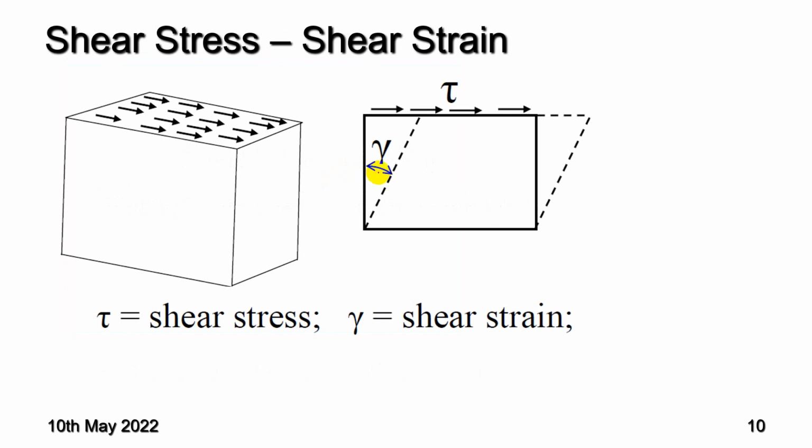When you apply a torque, due to the rotation of the shaft, there is a distortion in the element, and that distortion is causing stress. If you look at shear stress and shear strain, when you apply a torque, a shear stress, the element gets deformed or distorted by an angle gamma. So this angle is called shear strain.